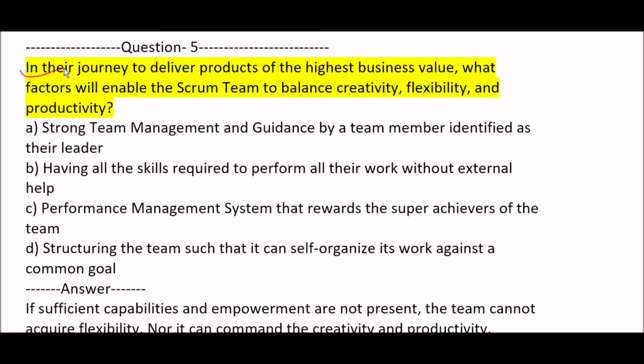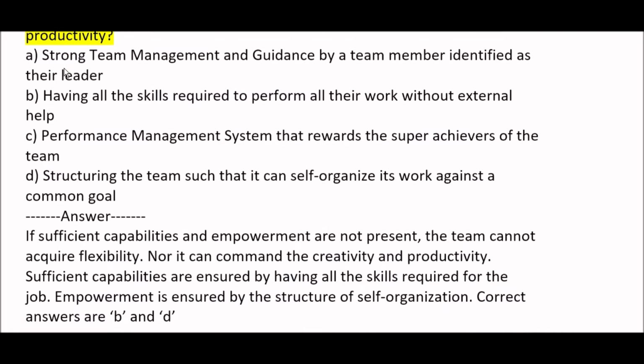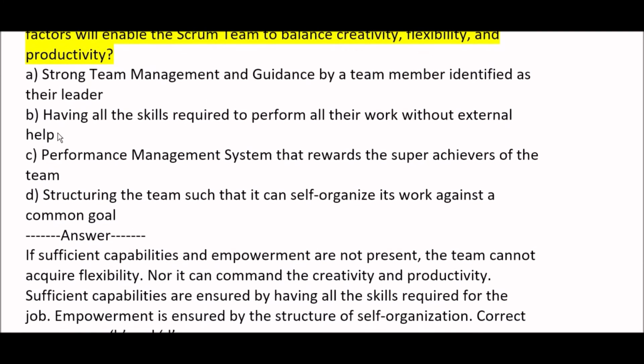Option C, performance management system that rewards the superachievers of the teams. Option D, structuring the team such that it can self-organize its work against a common goal. Okay, now listen to me very carefully. The correct answer here is option B and option D.